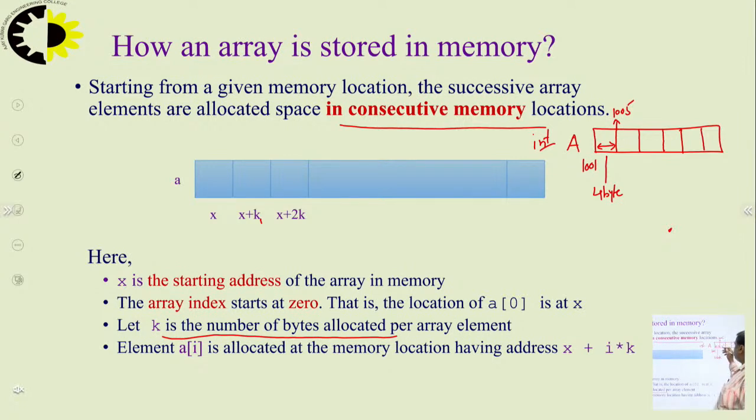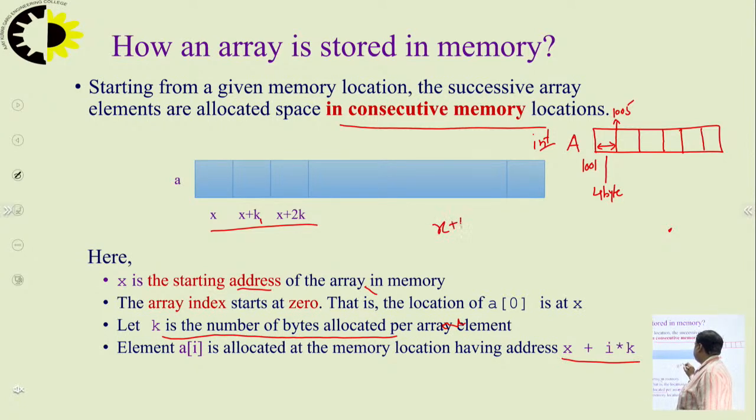Next element will be stored from 1005. So we can find like this: x is the starting address, the base address. Then next will be x plus k, next will be x plus 2k, x plus 3k. So we can say that the formula will be x plus ik.